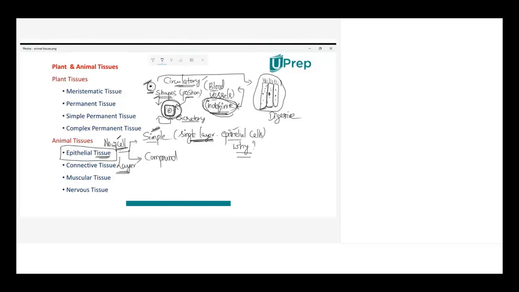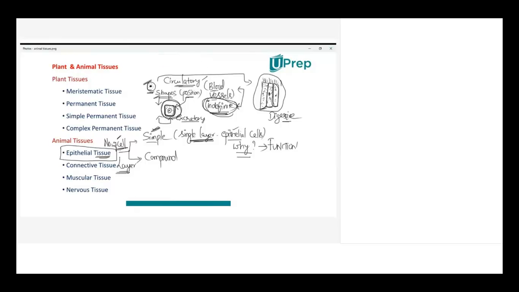Isn't it? See, in the digestive process, digestion of different components is involved. So they need some extra space for the digestive enzymes' activity. So the cells in the digestive system are elongated and slender. See, they have a large cavity, large space inside, isn't it? To carry out that function of digestion.